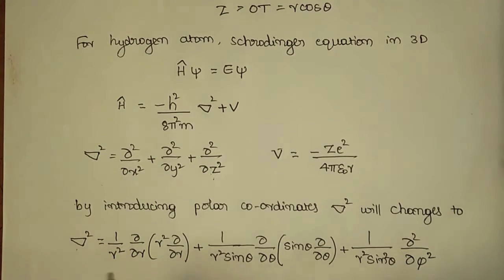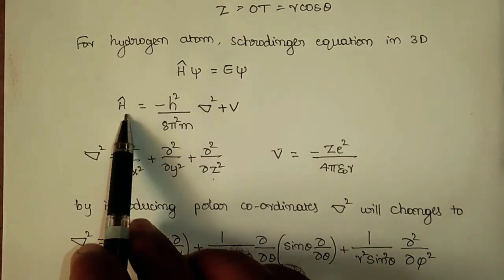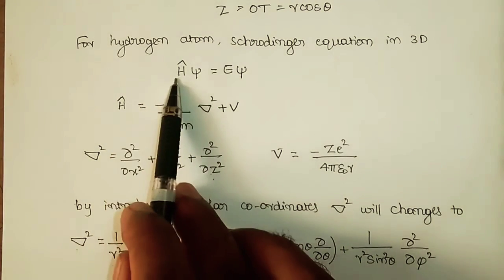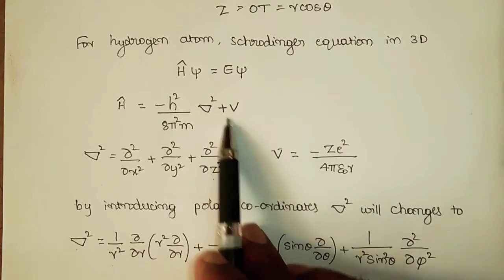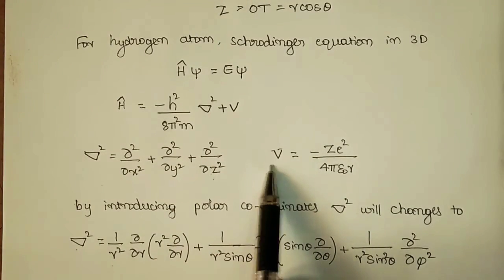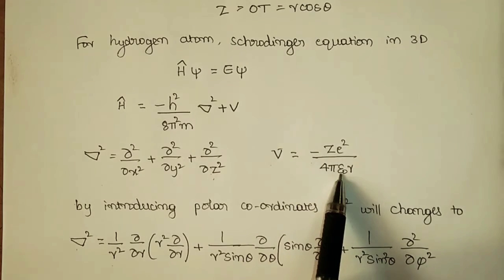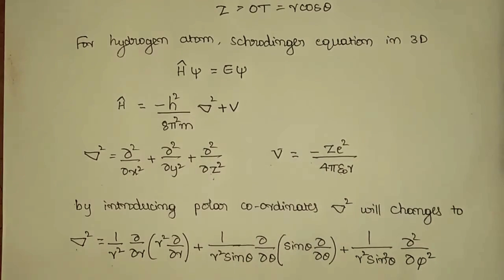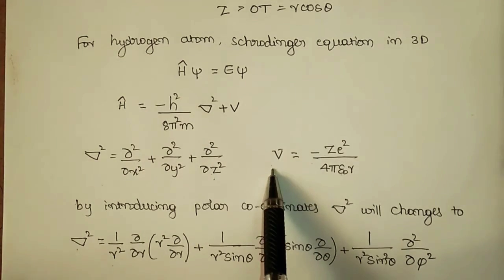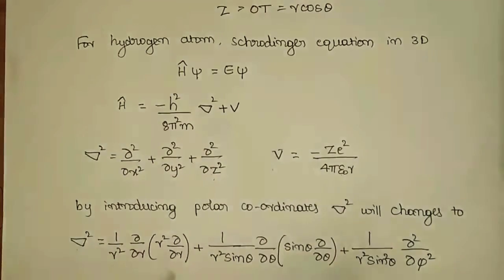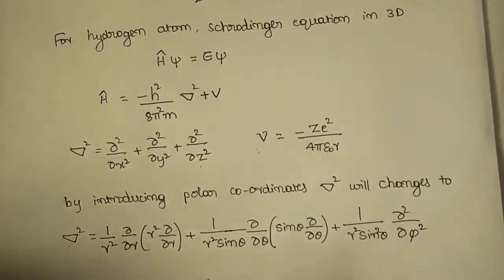And now this is supposed to be introduced in the Schrodinger wave equation, that is H psi is equal to E psi, and here we are also supposed to introduce the value of potential energy, that is V, which is minus Z e square by 4 pi epsilon naught R. So by introducing the value of del square and the value of potential energy V, the Schrodinger wave equation will get changed.